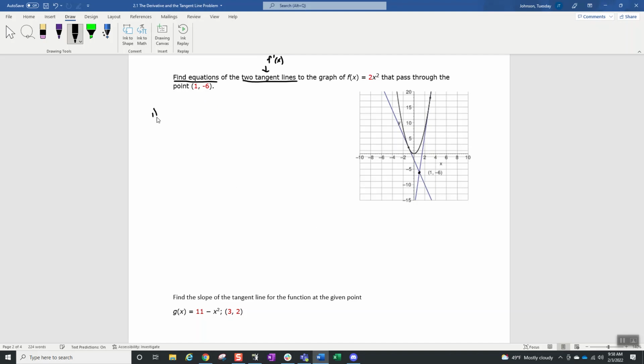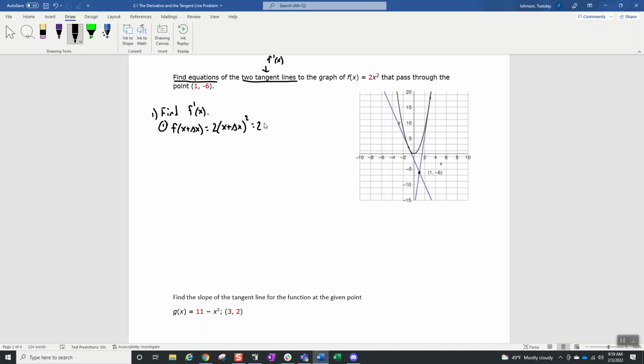So first step, we're going to find f prime of x. In order to do that, we use our 4-step process. We're going to find f of x plus delta x. That is 2 times x plus delta x, all squared. This is that one I said you're going to see so many times you just want to memorize it.